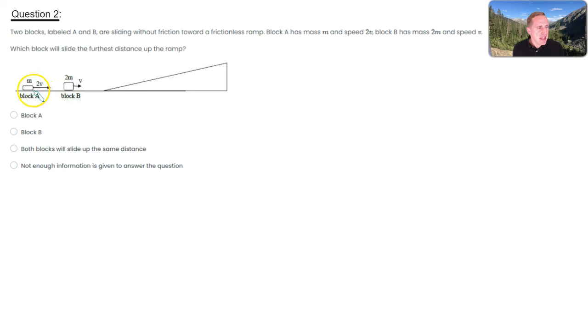So I think that energy considerations will be a much better way to analyze this problem. Let's go ahead and calculate the differences here. So which block has greater kinetic energy? So let's look at the kinetic energy of block A versus the kinetic energy of block B.